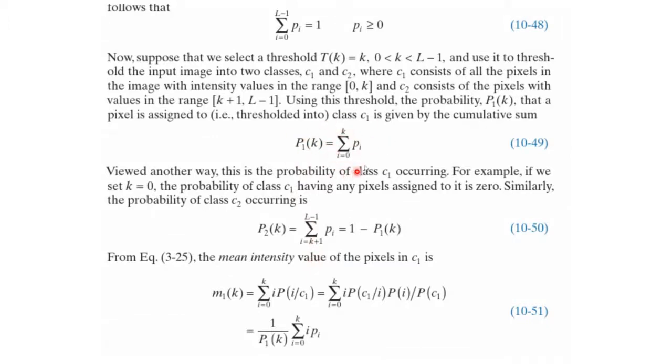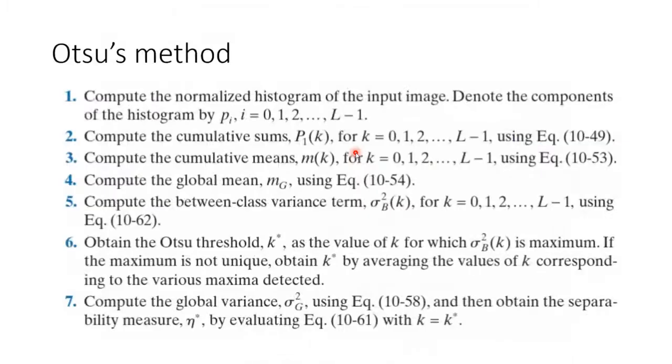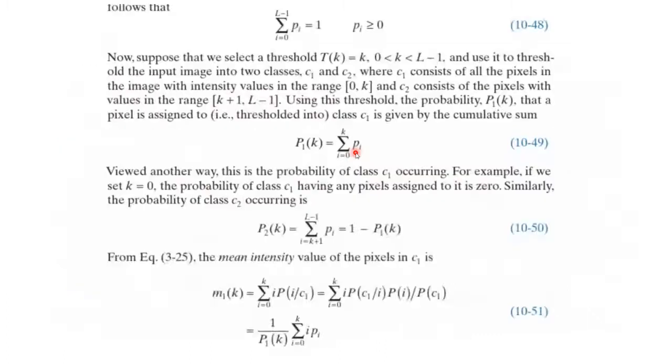You're summing the number of pixels from the zero intensity till the intensity k that you are walking through.